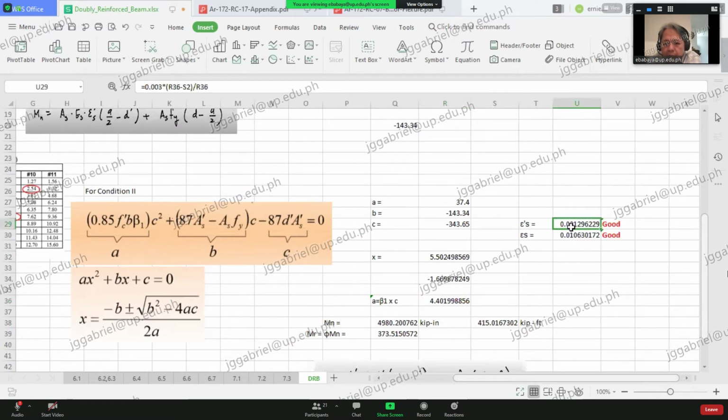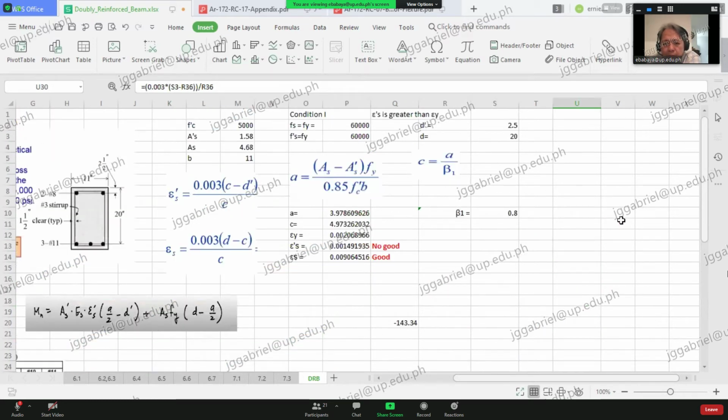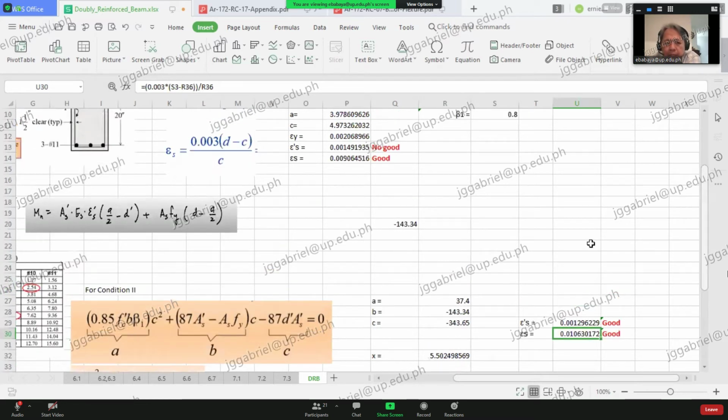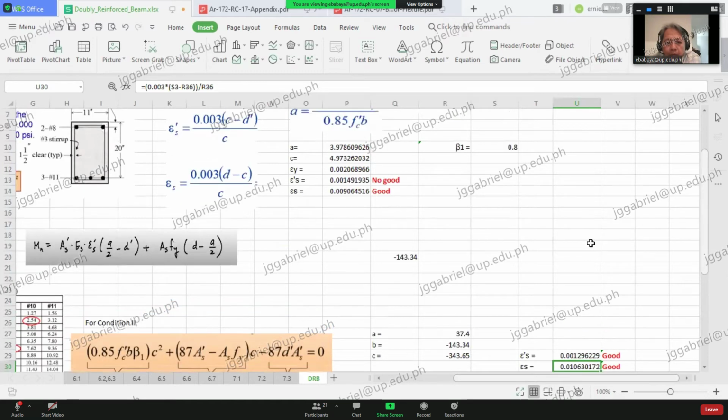Okay? Now, we check again the epsilon prime s and epsilon s. They're both good now. No? Bakit sila parehong good? Okay, good na sila because this one is not yielding, 0.001, but this one, yung epsilon s, that's 0.01, which is greater than 0.002.